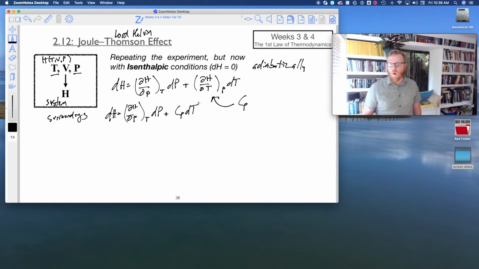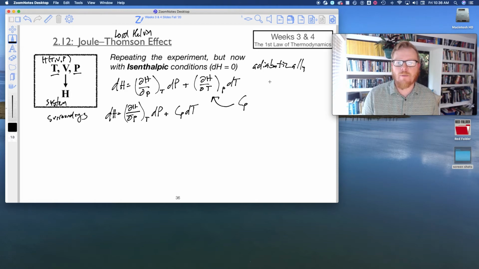And now in the same way we talked about this, if the pressure is being held constant, then this whole first term drops out, and then just dH equals Cp dT, which we know is correct.